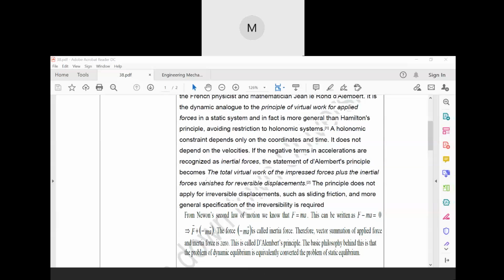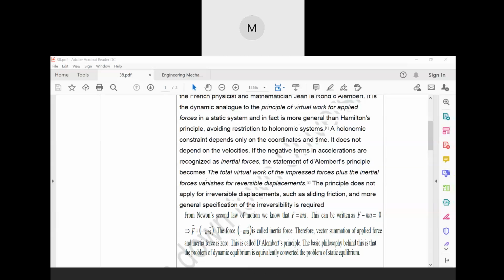So D'Alembert principle basically states that if a rigid body is acted upon by a system of forces, then this system may be reduced to a single resultant force, whose magnitude, direction, and line of action may be found out by the method of graphic statics. So we all know that F equal to ma, right?